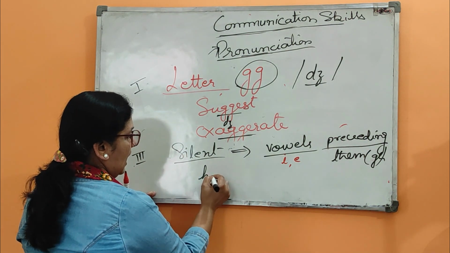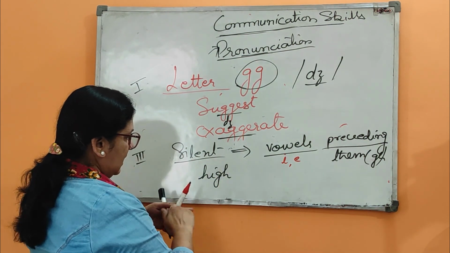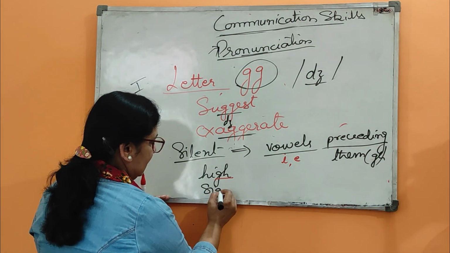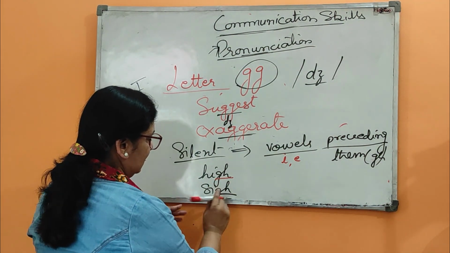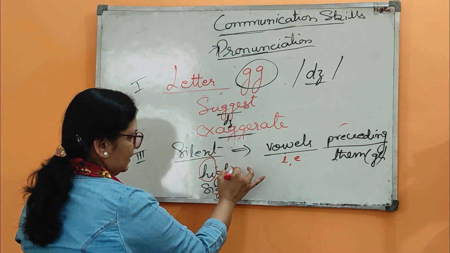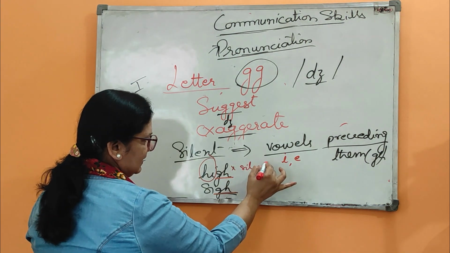When we have high, GH. When we say sigh, again GH. Here high is pronounced only up to this. GH remains silent.